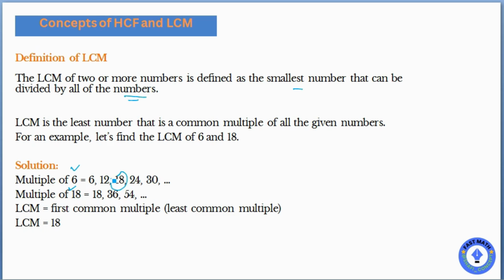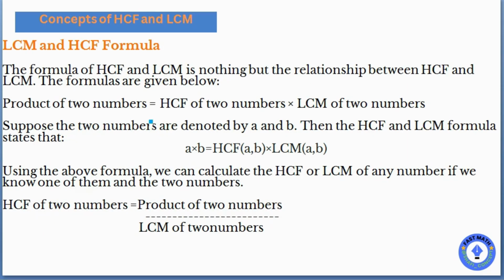That's why LCM is taken as 18 for these both numbers. Likewise, the important formula in doing these problems is that the product of any two numbers is equal to HCF into LCM of these numbers. The formula can be denoted as A into B equals HCF of A and B into LCM of A and B. Please check out our first video so that you have a better understanding of this concept.